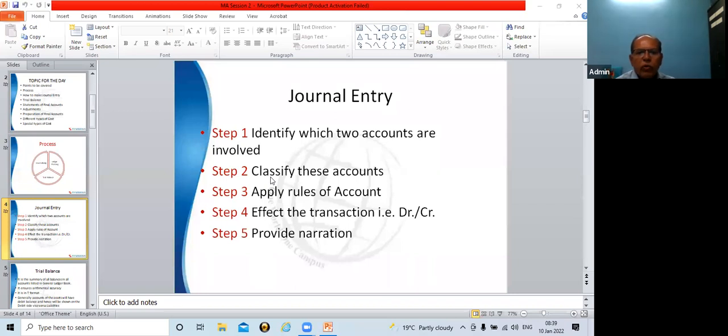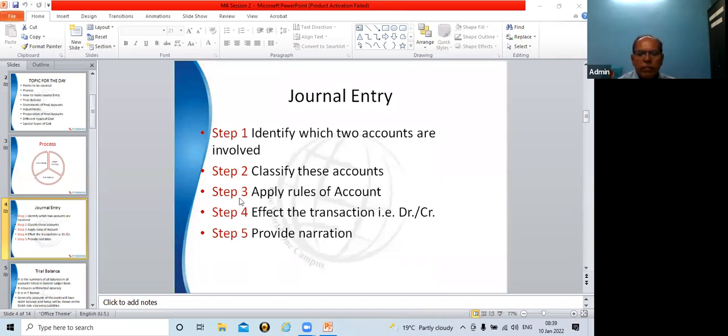There we don't need to remember. It happens automatically. It is a mechanical process we have developed in our mind, and that way we drive our vehicle. Similarly, once you are acquainted with the rules, mechanically you will follow these steps. So classification is done. That is a real account and personal account.